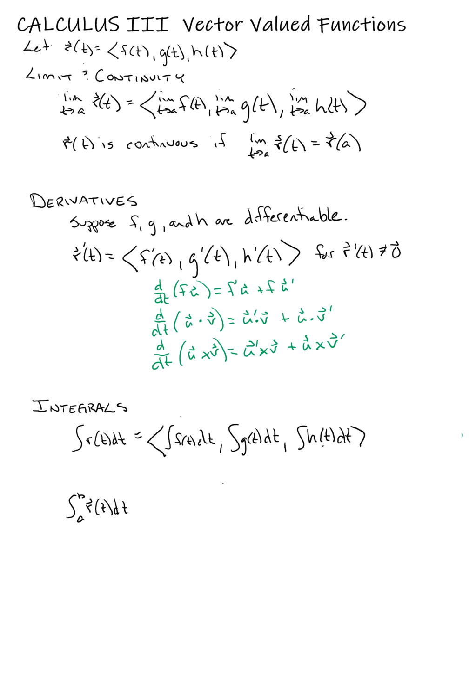I do want to make one comment about this, that this is often written as uppercase F, G, H plus the constant vectors C1, C2, C3, where F, G, and H are antiderivatives of lowercase f, g, and h, respectively.